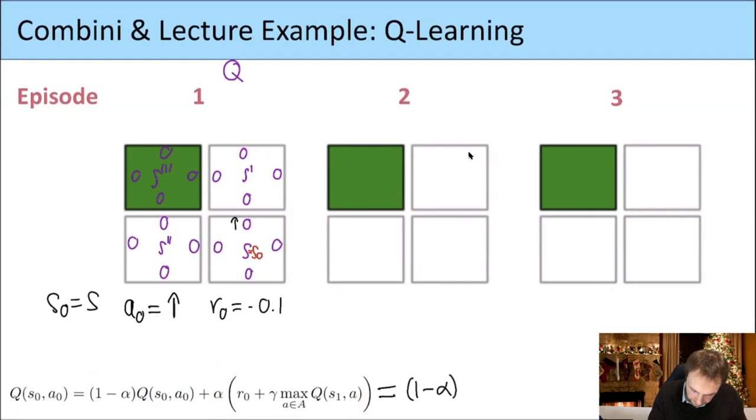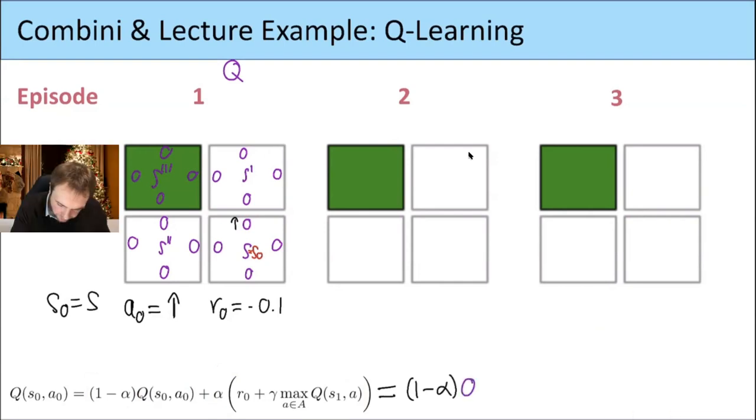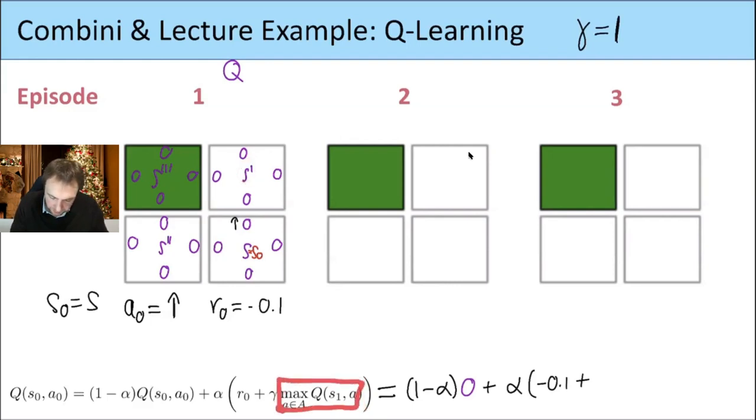It's 0 plus alpha and R0 is minus 0.1 plus, and maybe now let's take the example where this discount is just 1, so we don't discount at all. And now what we want to do is, in the new state, find the maximum of all these values. But in this case, the maximum is 0. So in this case, we have 0.